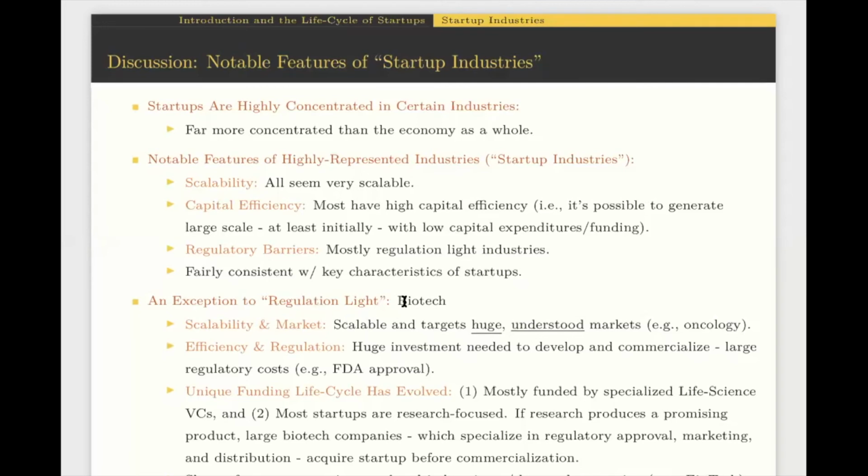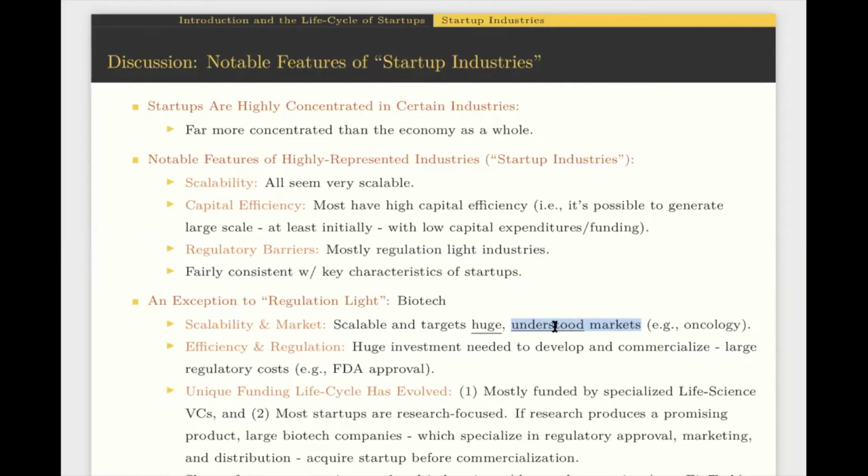Another thing that's common with biotech startups is that once you've identified that a product works, right, so you have a drug that is effective for a specific type of treatment of a disease, generally that production of that drug is scalable. And generally, we understand the markets that this drug is going to be sold to pretty well, right?